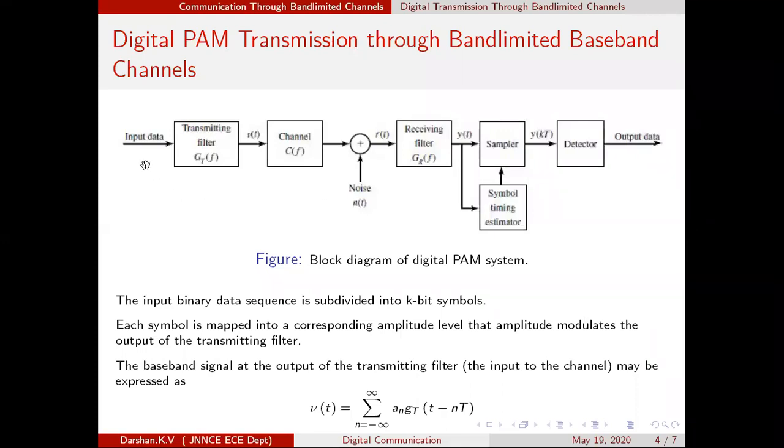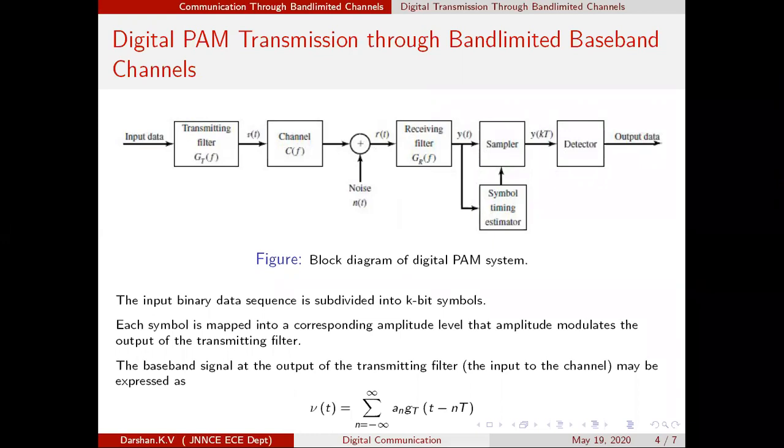You are not transmitting only one symbol, you are transmitting a series of symbols, or in other words, a series of pulses. Over a band limited channel, noise corruption would also be there. So therefore, at the receiver, you are receiving a train of pulses which are corrupted by the noise. That you are supposed to understand.